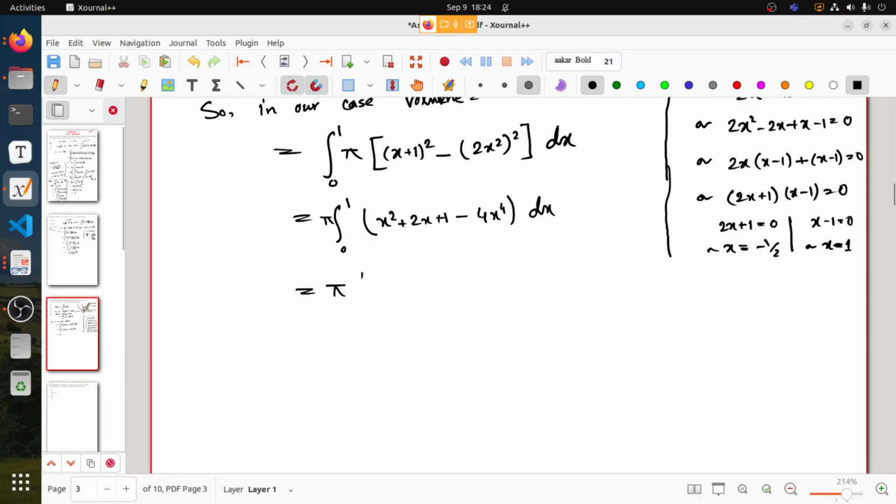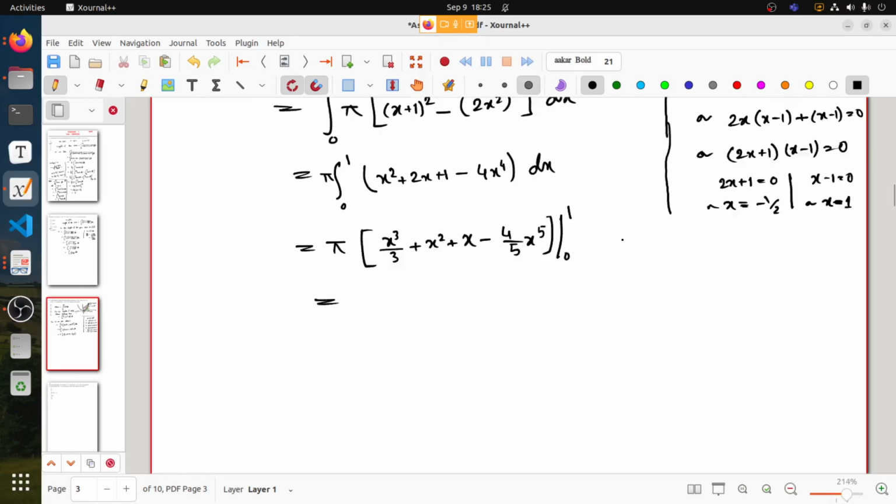If you integrate this, you will get x cube by 3 plus x square plus x minus 4 by 5 x to the power 5, right? And limit from 0 to 1.